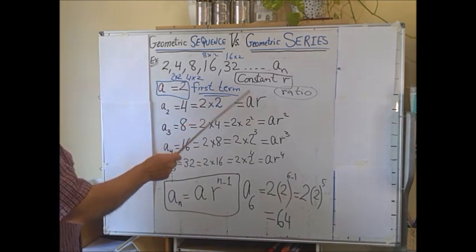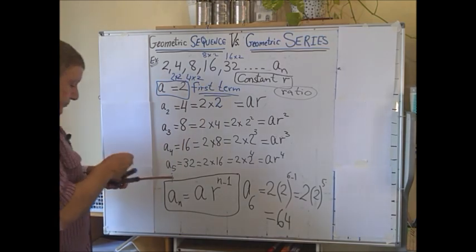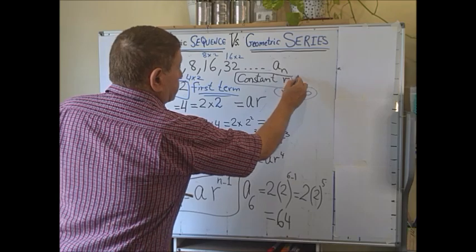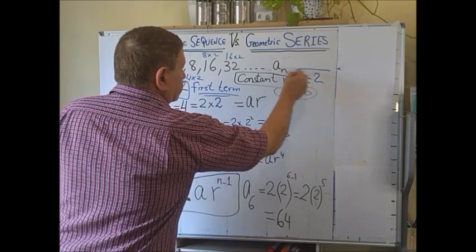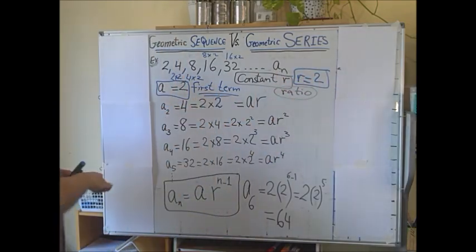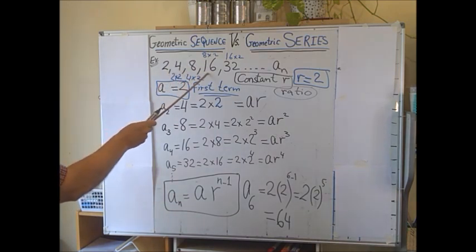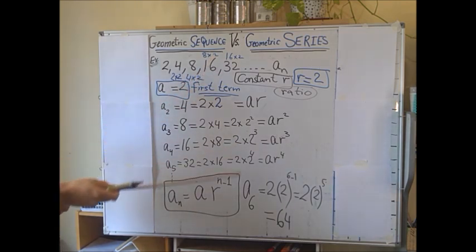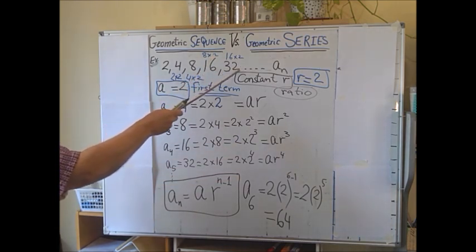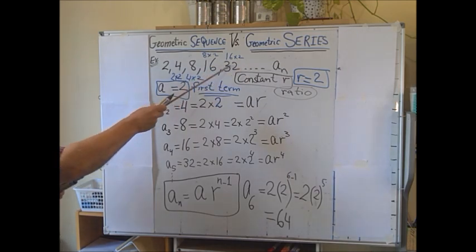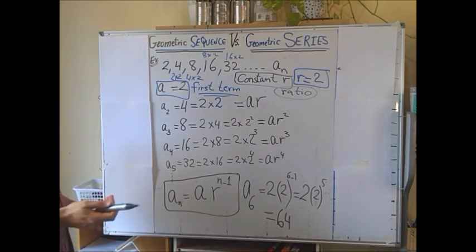So R in this case is 2. Alright, so 8 over 4 is 2, 16 over 8 is 2, 32 over 16 is 2, and so on. If we keep going, the next one will be 64. That is, 64 divided by 32 is 2.